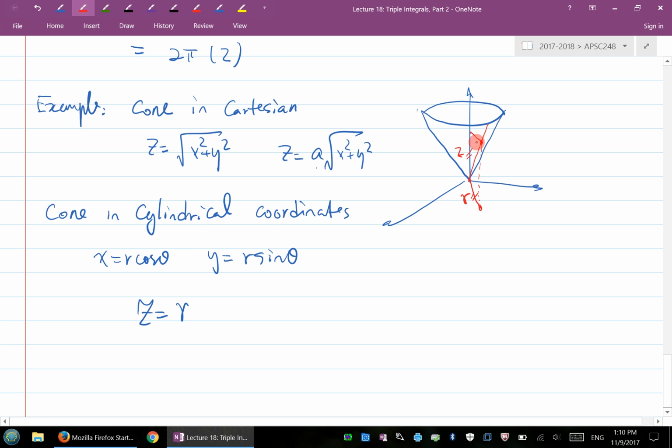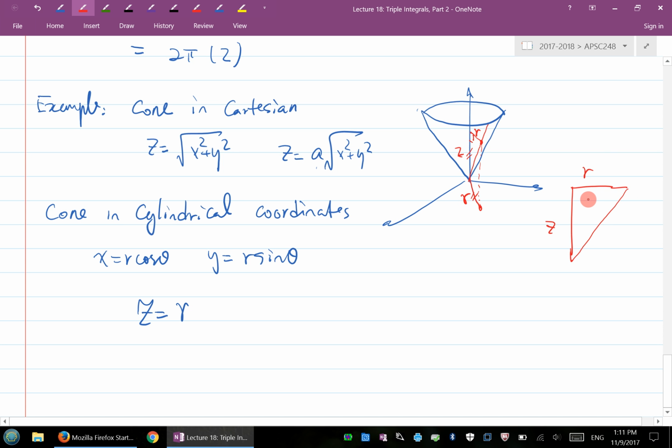Now, what you see here is that this is z, this is r, and you have a right triangle. That right triangle basically looks like this. So this is your z, this is your r. My drawing is not to scale.